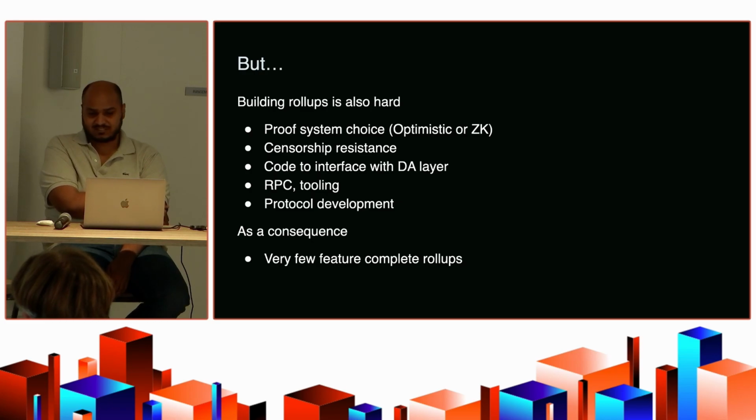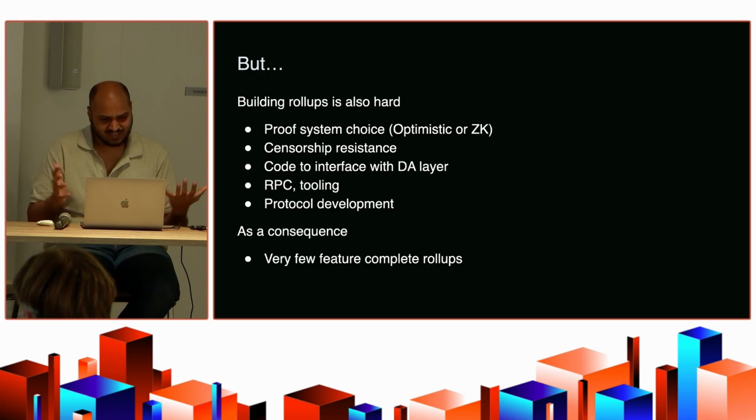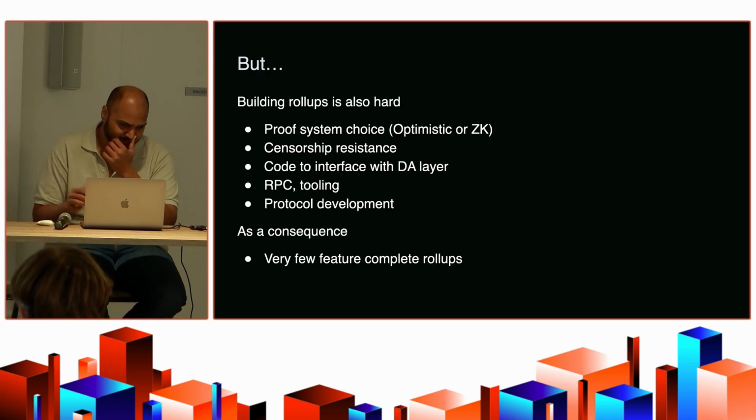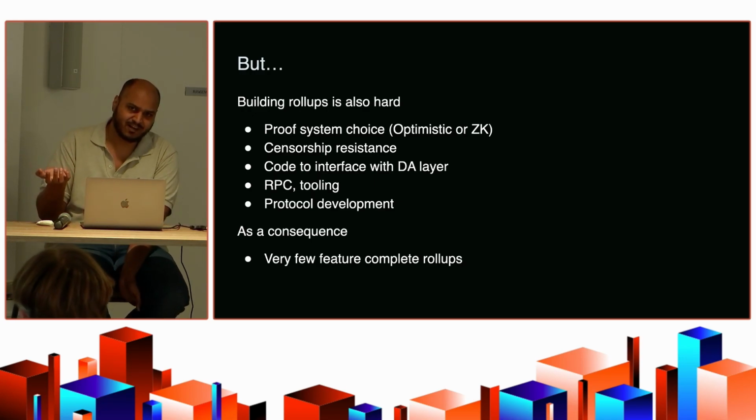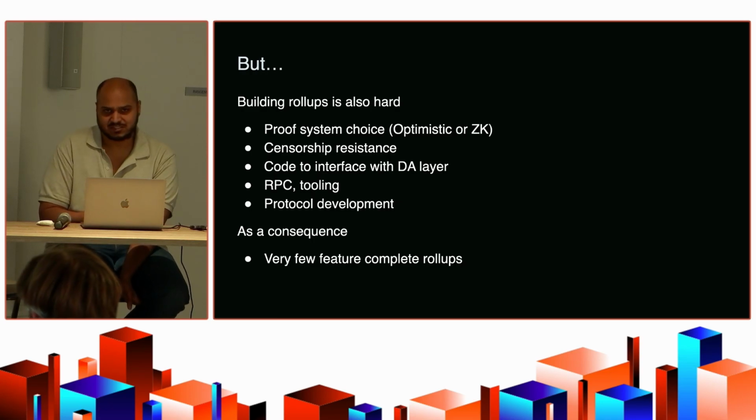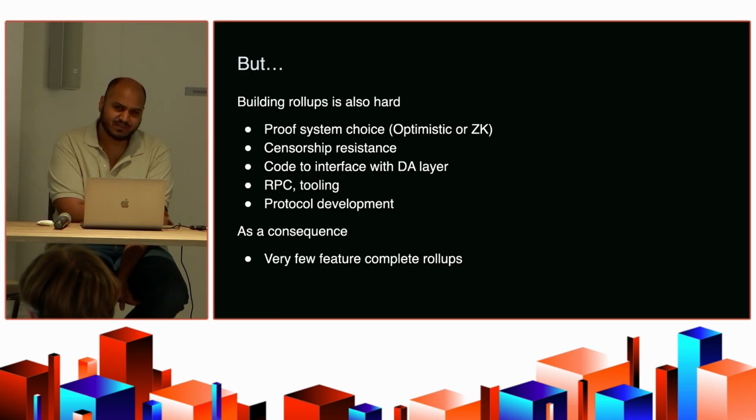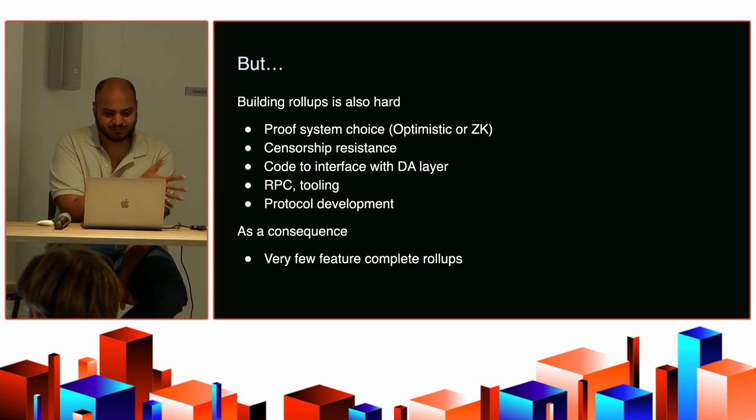That includes things like RPCs. Your goal as an application developer is to build the application, but now you're doing all of these things: writing code to submit blocks to the DA layer, consume them, and then build an RPC server to let other people interact with it.